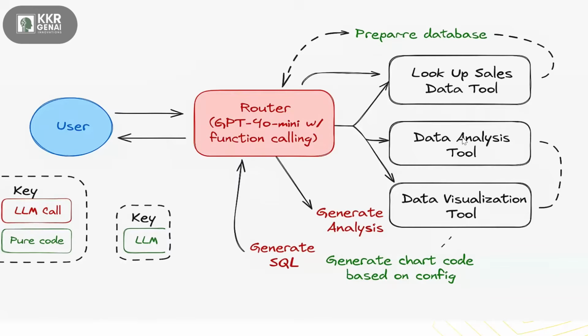So this is what we call one more skill set. As we see, there are 3 skill sets and 1 router which have been developed. One skill set is what we call one agent. Agent 1 is the sales data tool, connecting to the database.